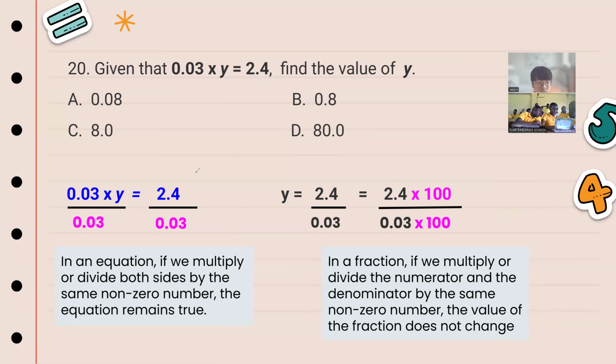Let's try this again. So we have 0.03 times y equals 2.4. Do you understand why we divide by 0.03 on both sides?